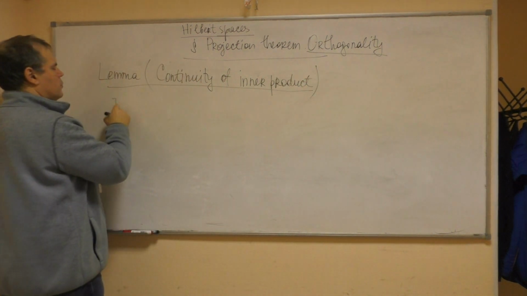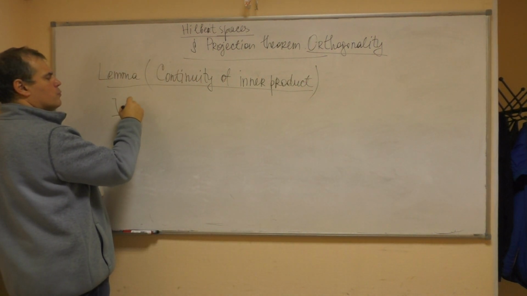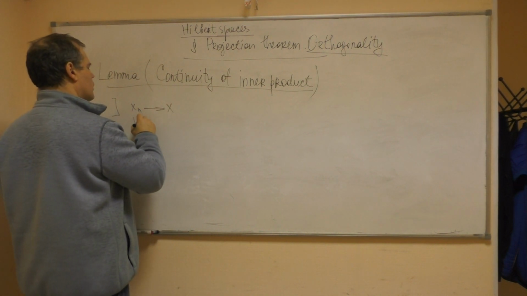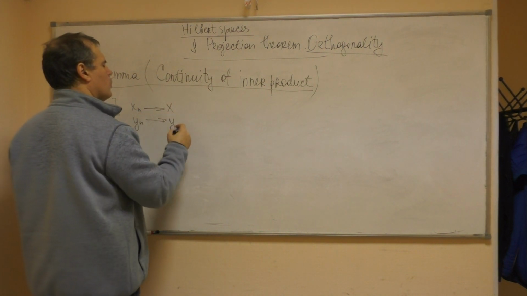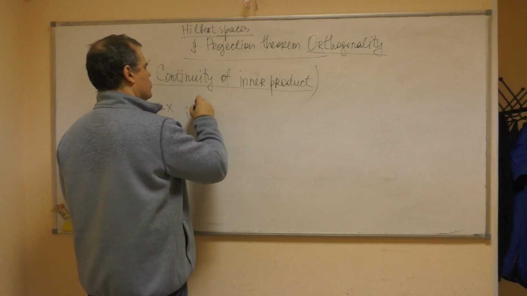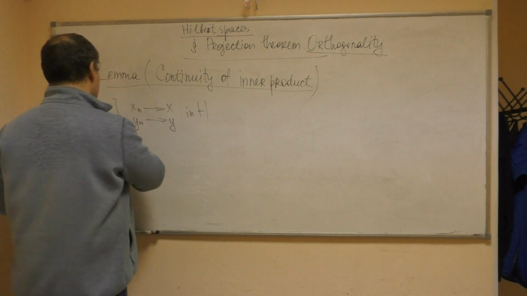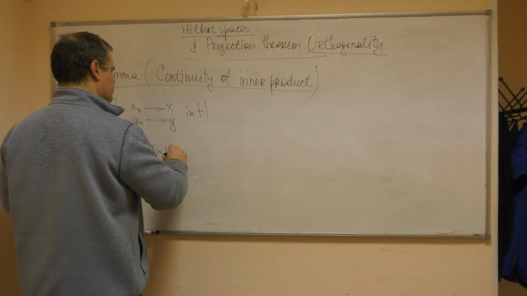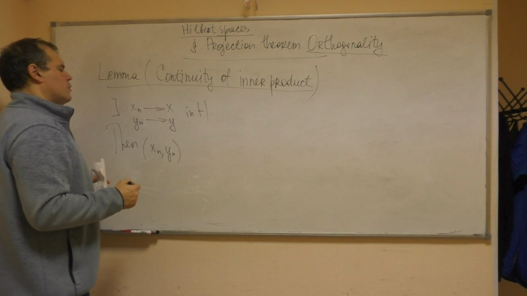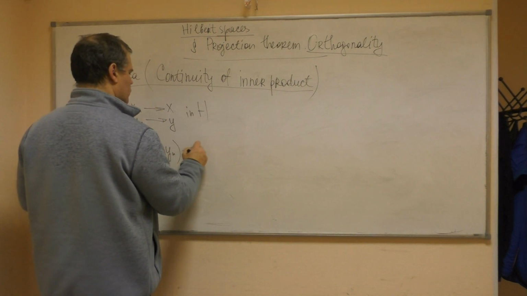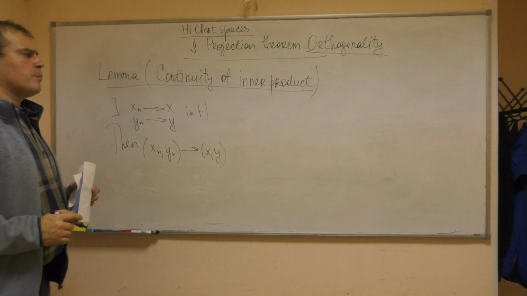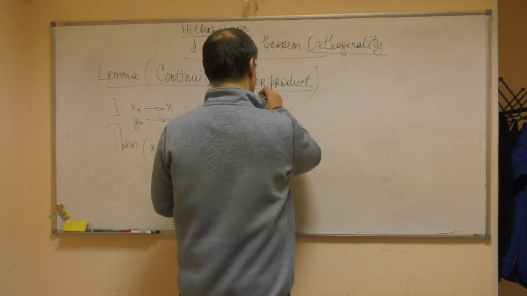So if we have two sequences, x_n converging to x and y_n converging to y in H, then the inner product of x_n and y_n converges to the inner product of x and y. Proof.